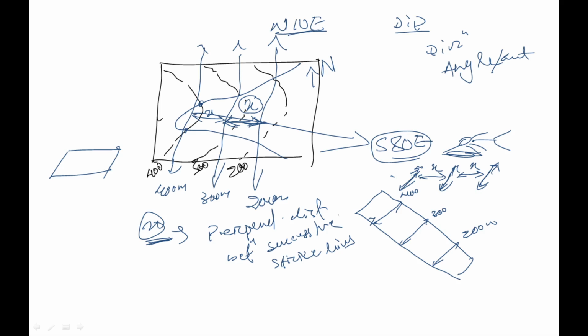So the perpendicular distance that you are measuring, that is this x, is horizontal in nature. That means 400 and this is 300. We have measured x like this.